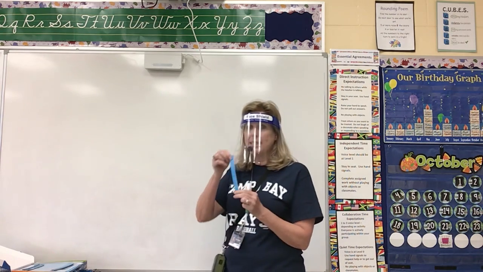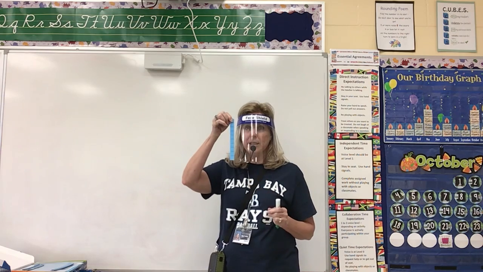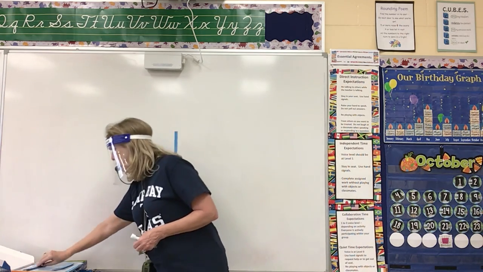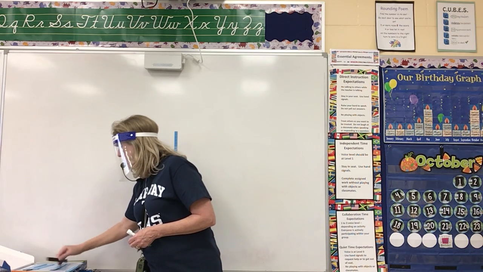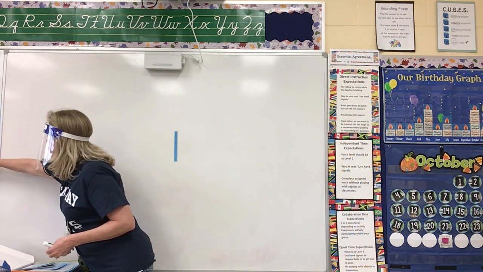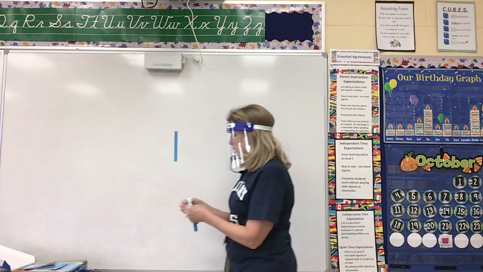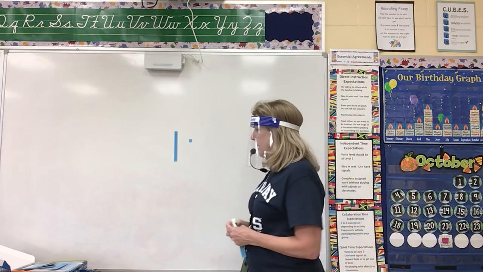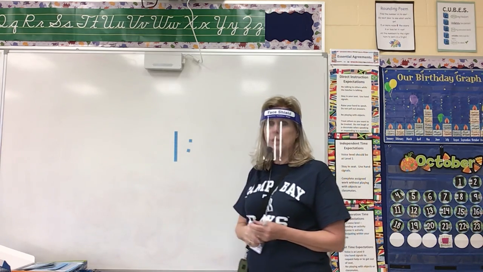So this is a base 10, right? Everybody knows what this is? You have your base 10s, and then you have your ones, which I have right here, and then we also have hundreds that we're not using right now.